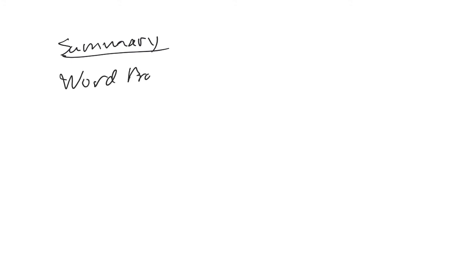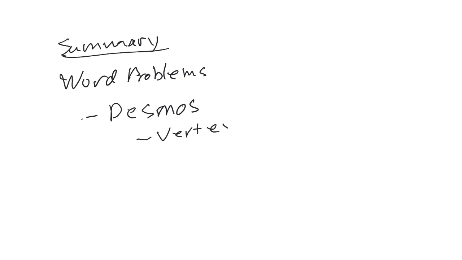So let's quickly do a summary of what we just looked at. For word problems in today's unit, you're going to be using Desmos to identify the vertex, the y-intercept, the x-intercepts, and that's about it.